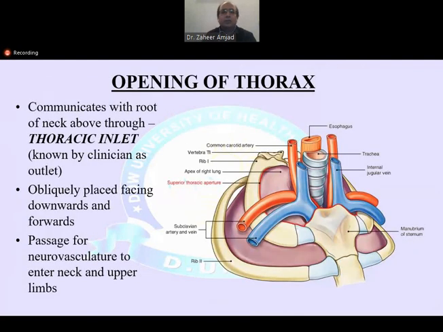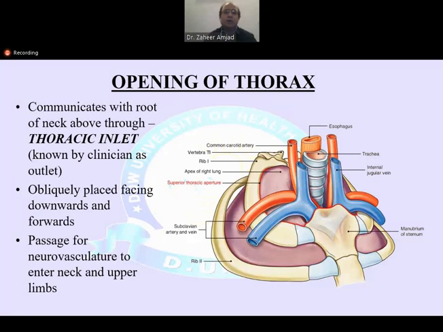If you talk about the openings of the thorax, the thoracic cage is just like a cone-like structure which is narrow above and broader below. Sometimes thorax is also taken as the chest, but chest is the appearance which is broader above and narrower below.